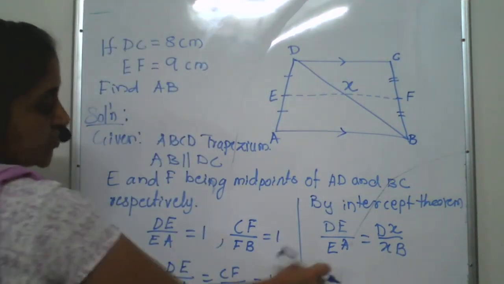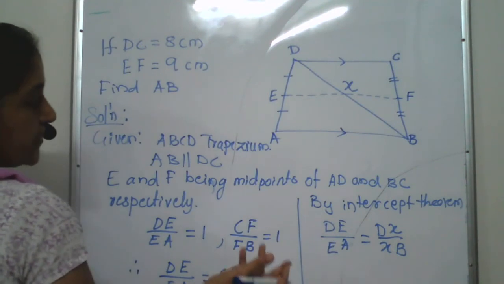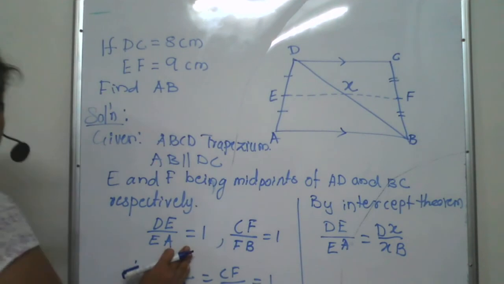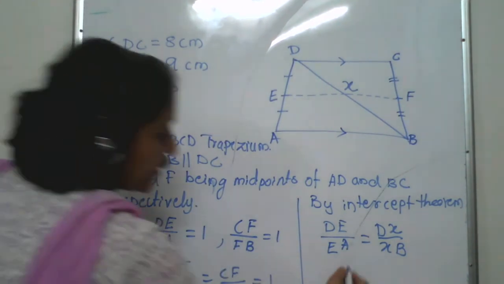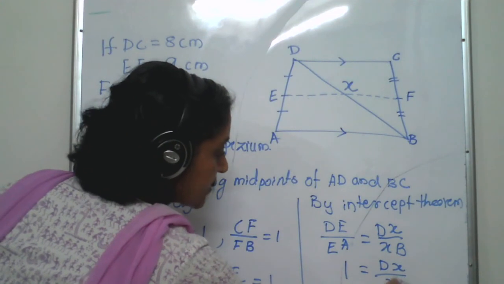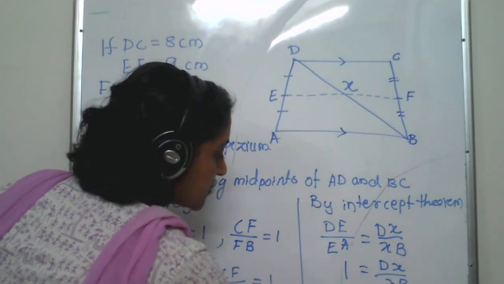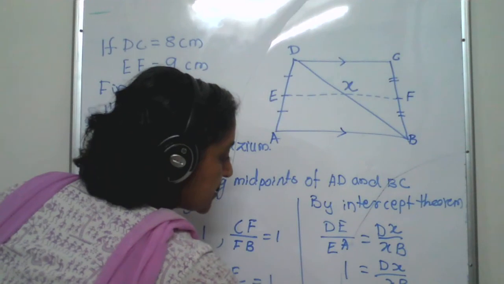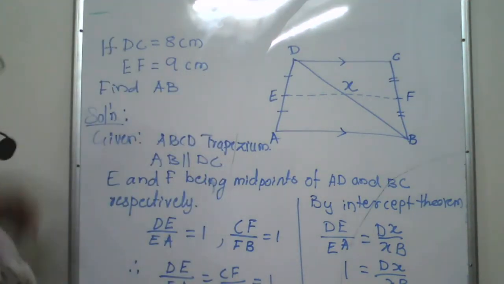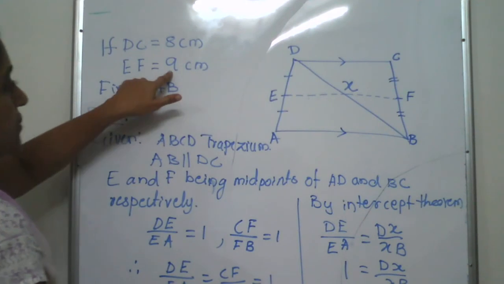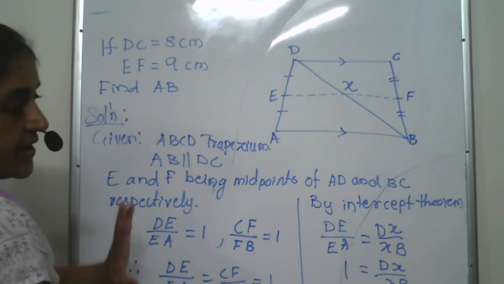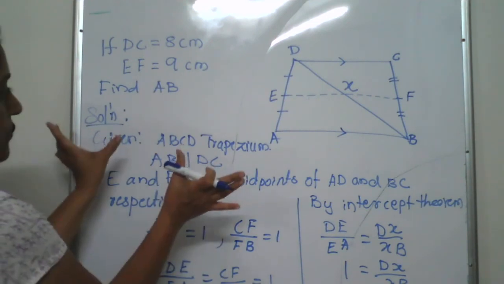This is by the intercept theorem. So then how will I find AB is the question. Now DE upon EA is 1, which I have already written here. I can write it as 1 here. So it will be DX upon XB, which is nothing but XB is equal to DX, means they are equal. But we have EF equal to 9 centimeter, means 9 has to be equally divided into two equal parts.